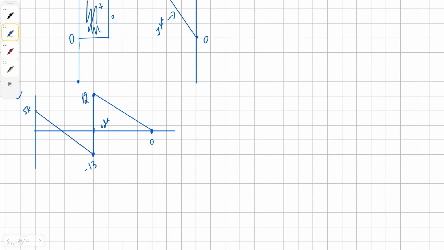But now we need to determine our point of intersection. And at this intersection, we can have our max or minimum moment.